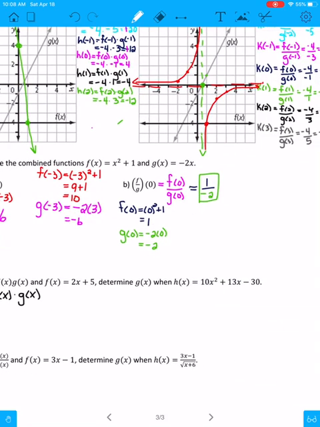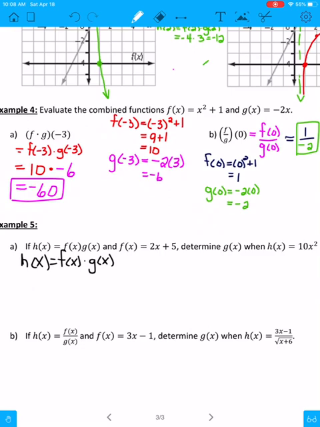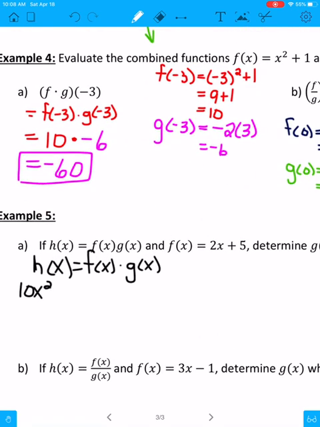H of x is 10x squared plus 13x minus 30.